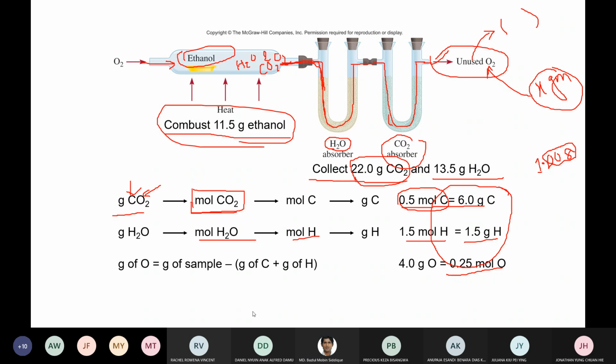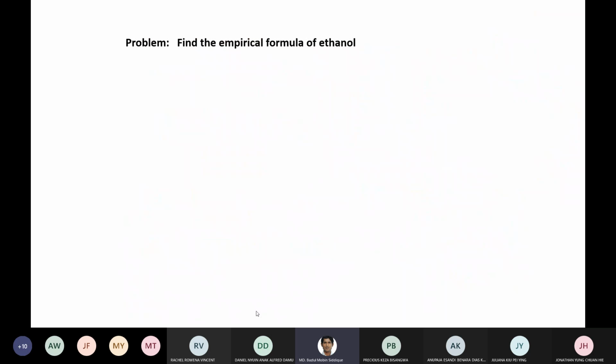All right. So what will be the empirical formula of ethanol? We know all the carbon and hydrogen and oxygen in it, but what will be the empirical formula?